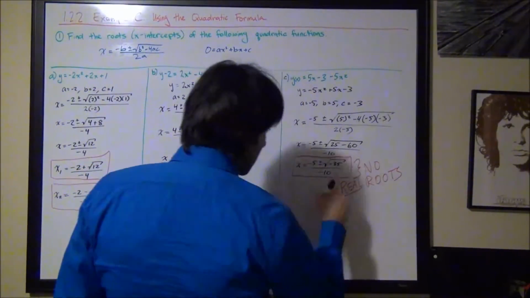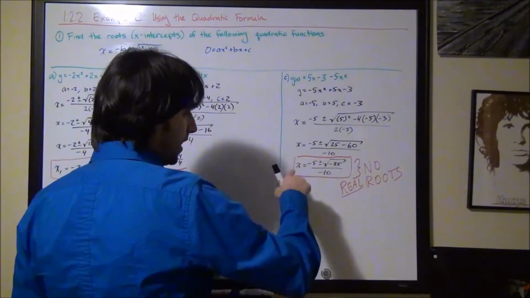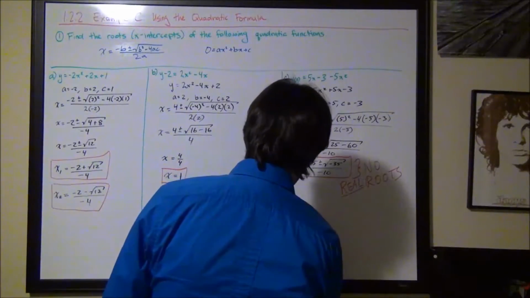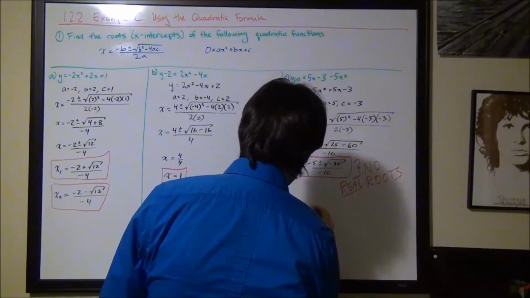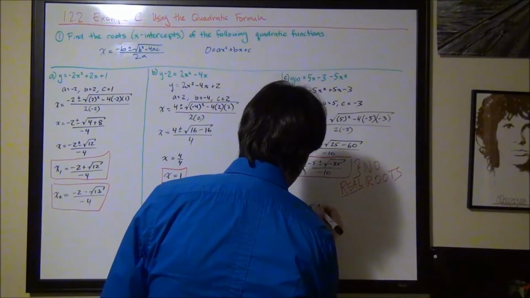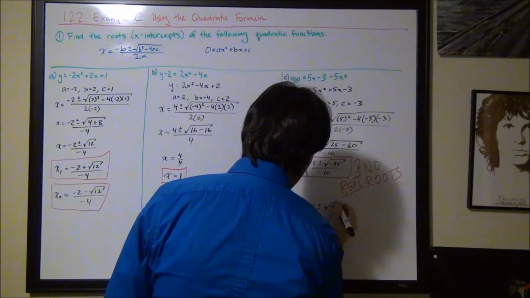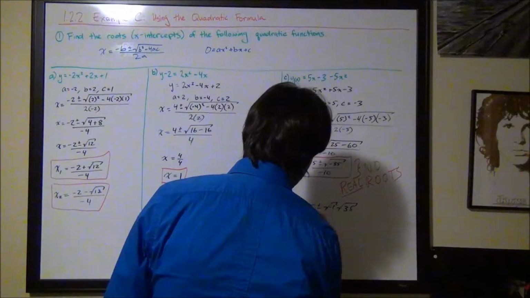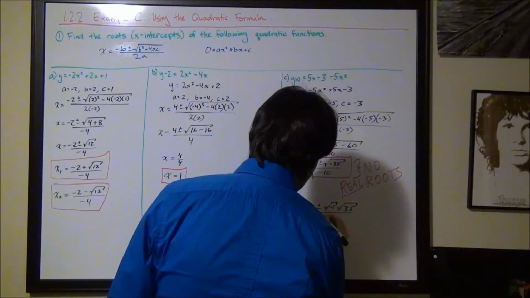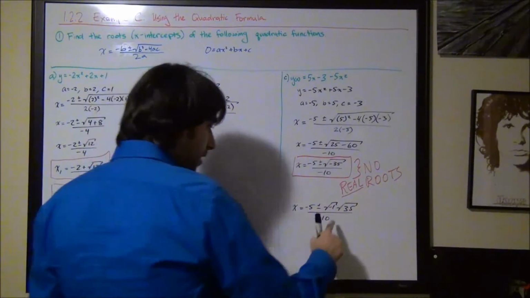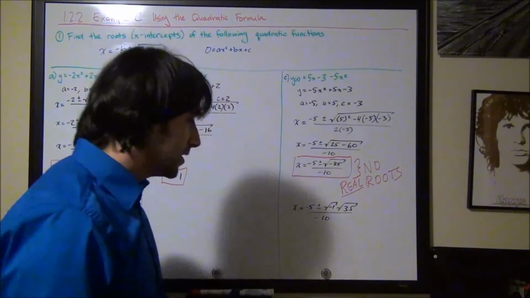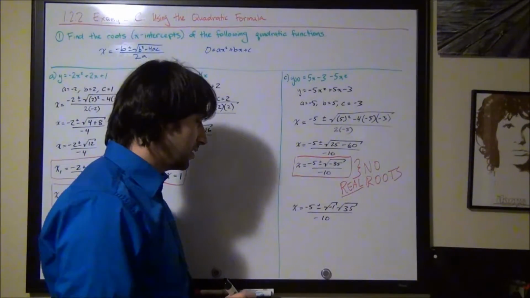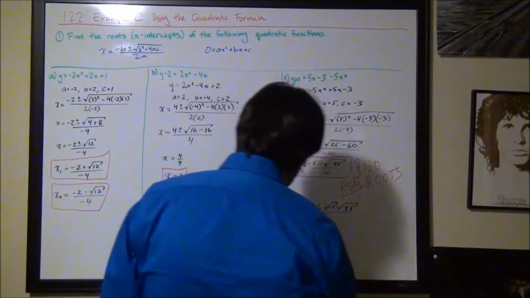We can separate this into the negative and the positive part. So we'll have x is equal to -5 plus or minus the square root of -1 times the square root of 35, and this is all over -10. The square root of -1 is defined as the constant i.